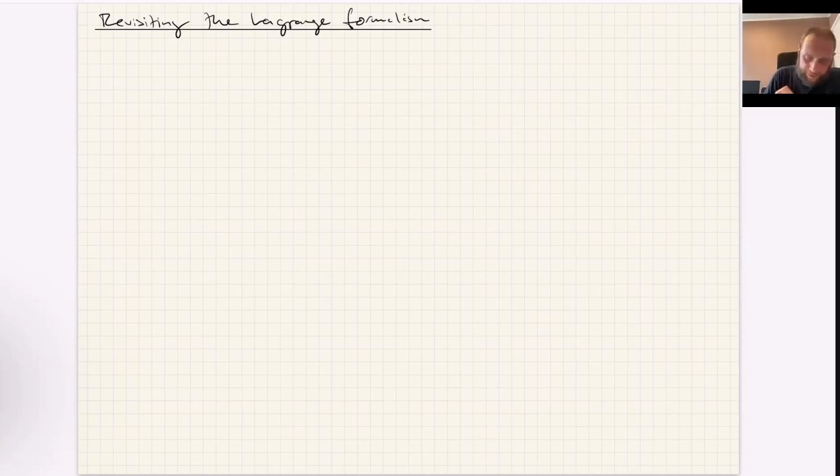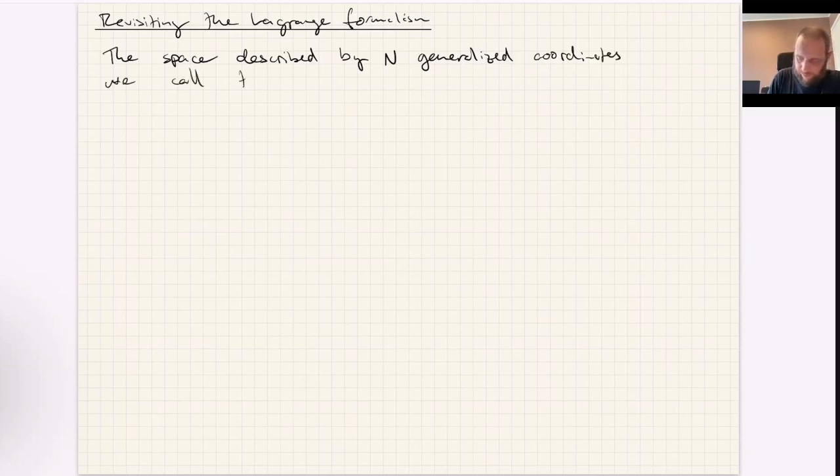So the space described by n generalized coordinates we call the configuration space. Essentially, a point in configuration space is a possible configuration of the system. You can determine that by giving n coordinates.